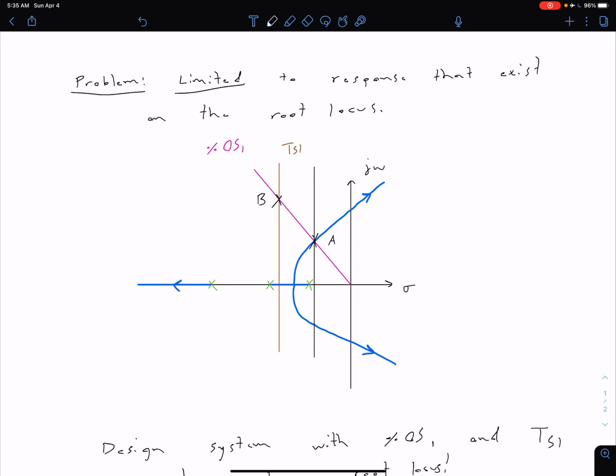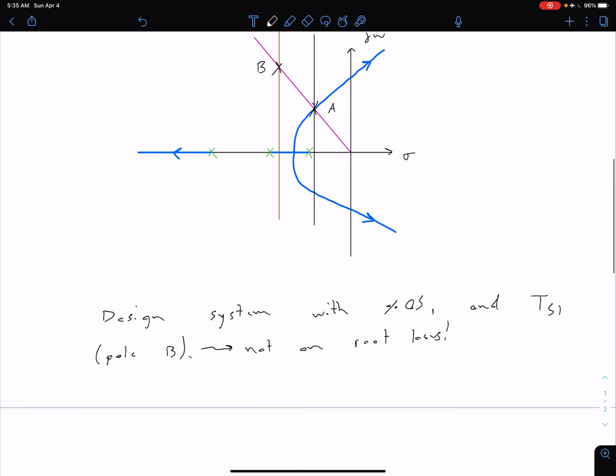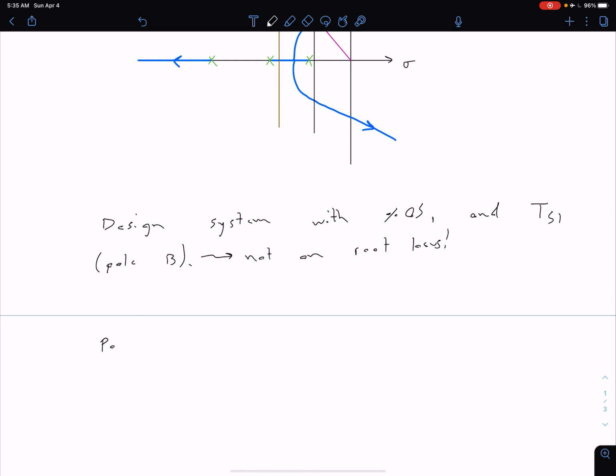That's going to be some TS2. So if we choose this point A instead of B, at pole A we have met our percent overshoot.